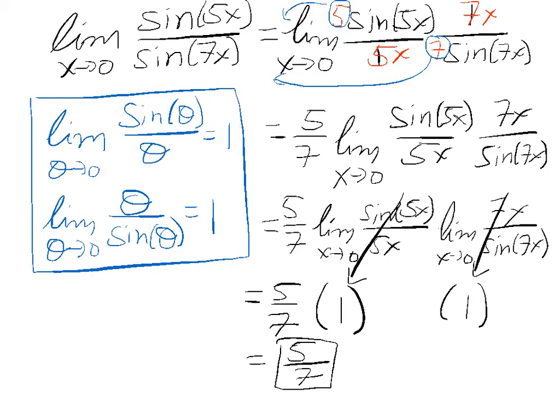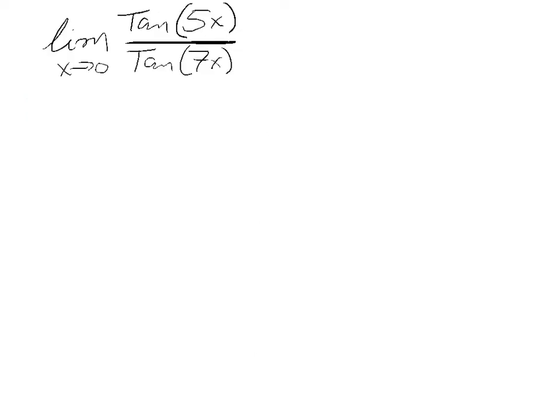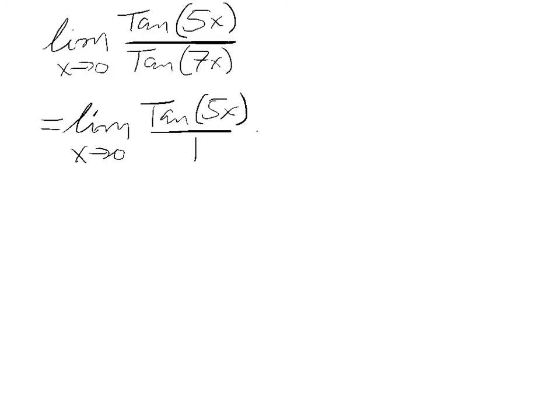In the next slide, I am going to do another example with tangents. And here, I'm going to exploit my result from my previous example. And I'm going to write this as the limit as x goes to 0 of tangent of 5x over 1 times 1 over the tangent of 7x.